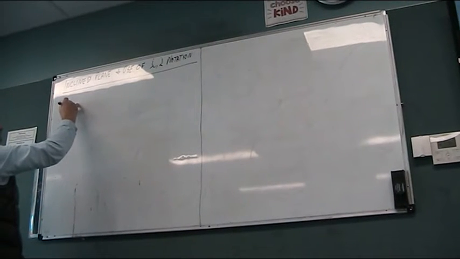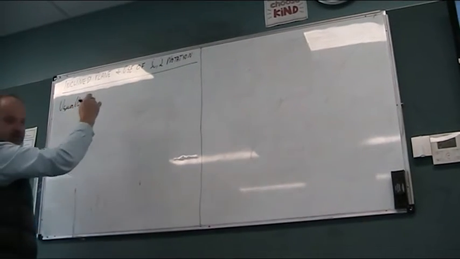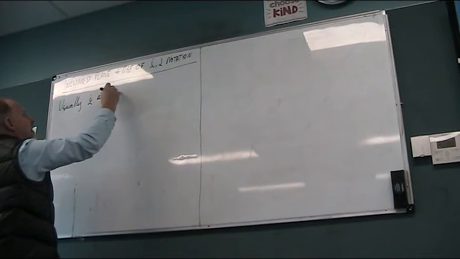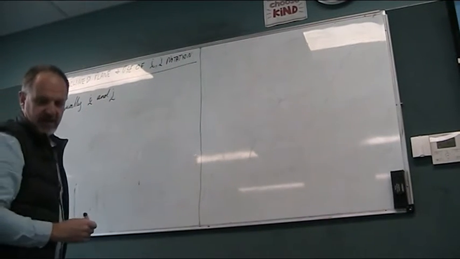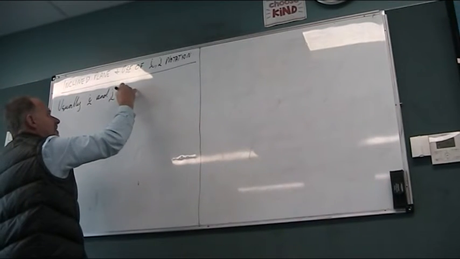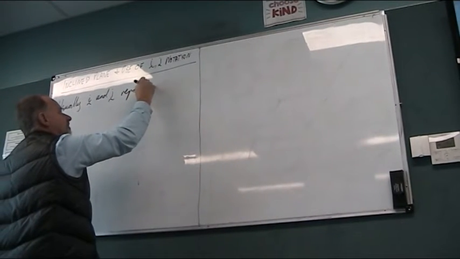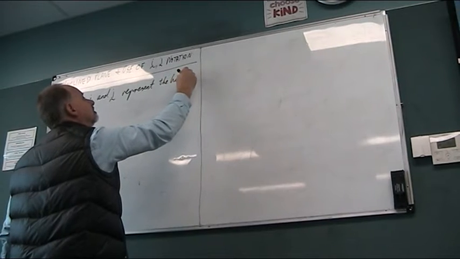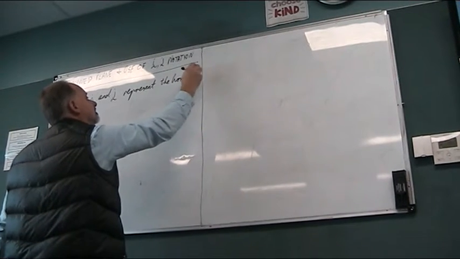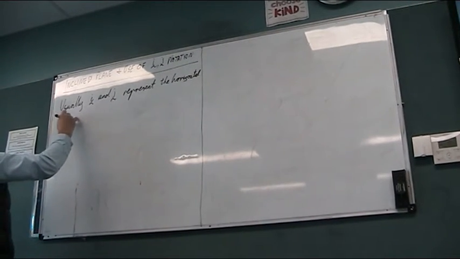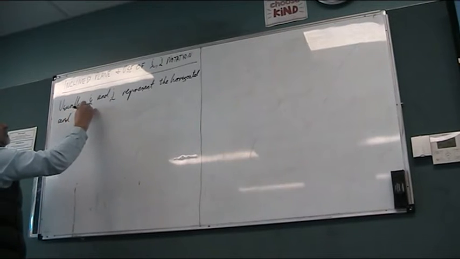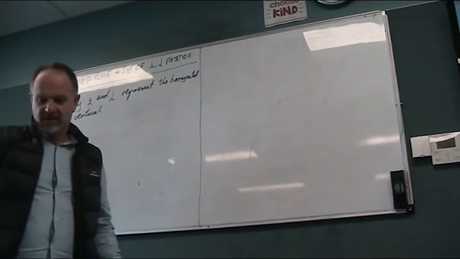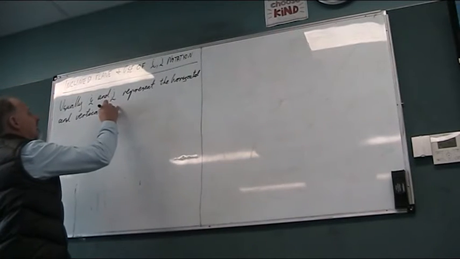So usually I and J represent the horizontal and vertical directions.